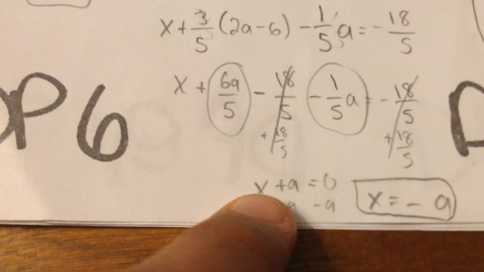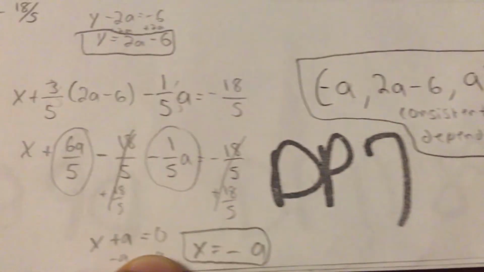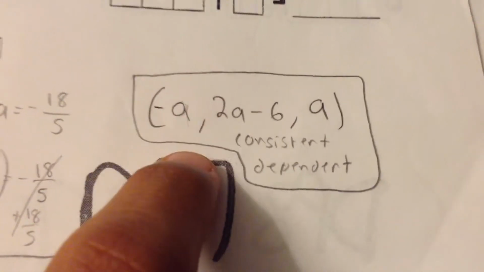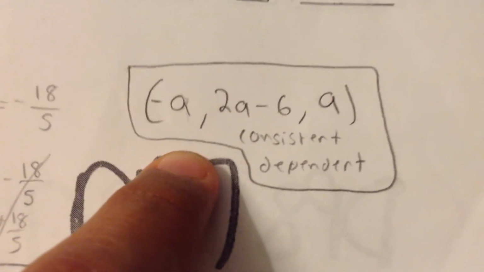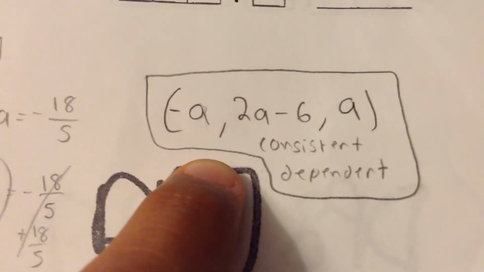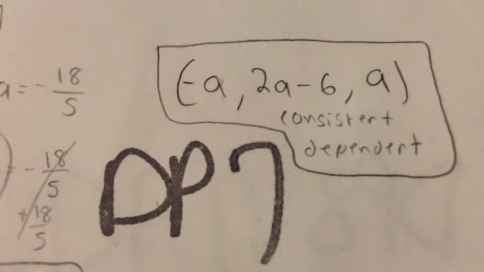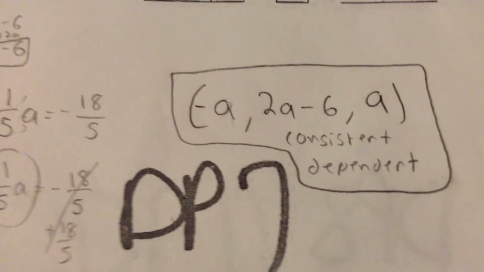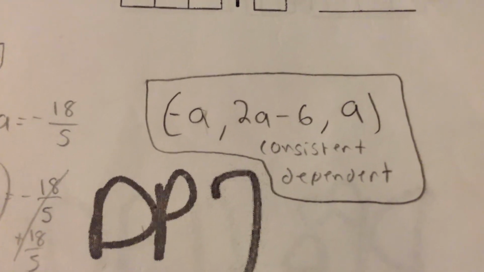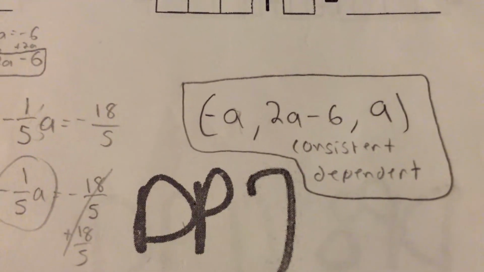So you simply subtract a, and you're left with x equals negative a. So these are your 3 restrictions. Now any number that you plug in here will work as long as they follow these equations, and we call this type of system a consistent dependent, because one equation depends on the other, which means any number you plug in for one will work for the other.